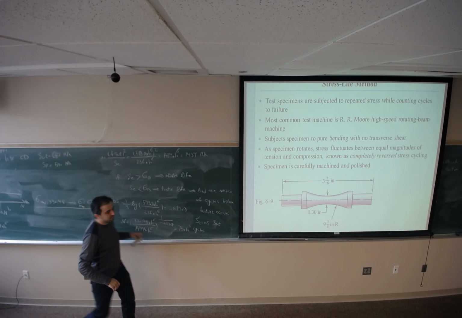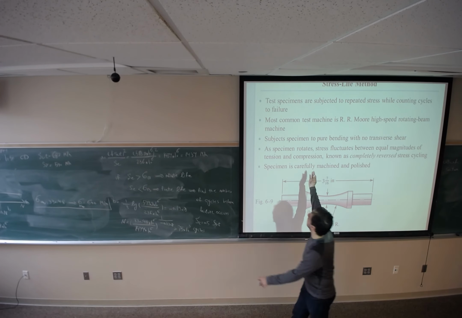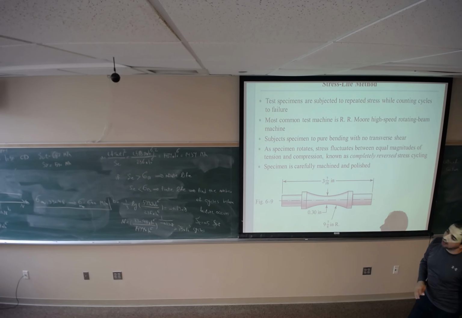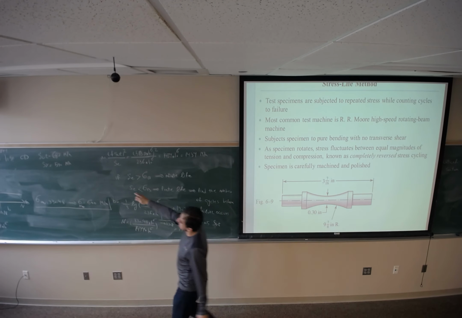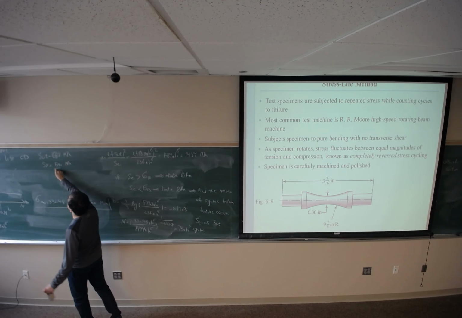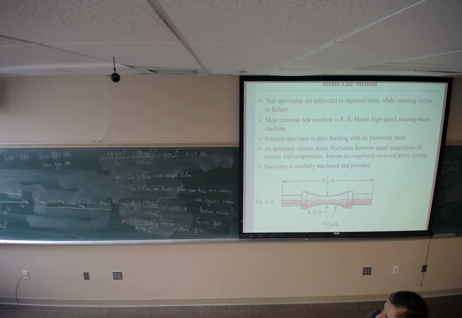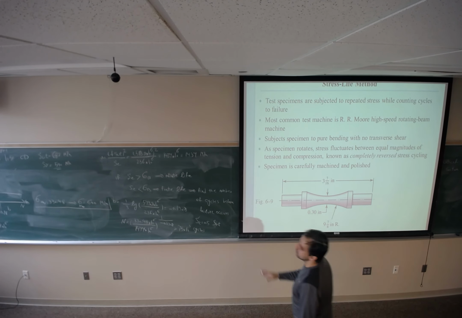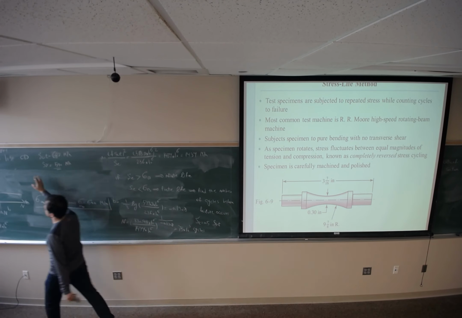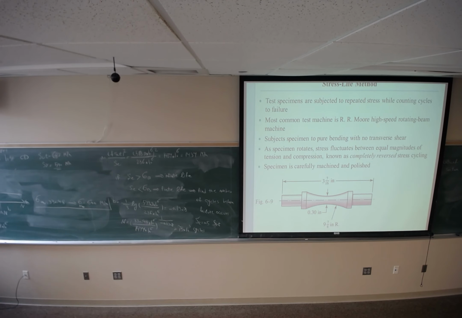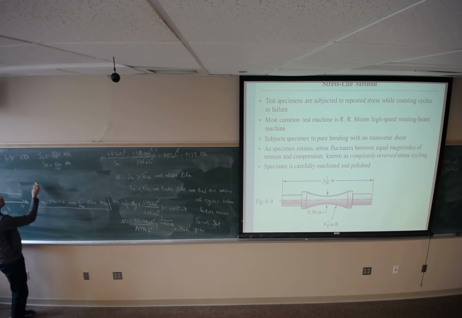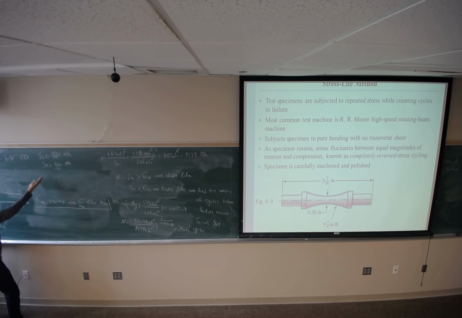Suppose based on the loading in the problem, I found sigma equals 600 megapascal. The yield strength is 590. So the maximum stress is greater than the yield strength, so we are going to have failure due to static failure. So we have two modes of failure: due to fatigue, and due to static failure.